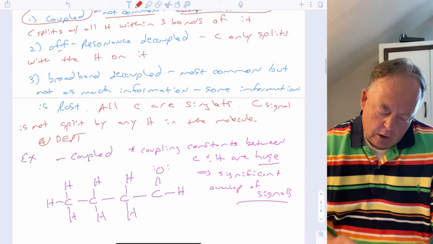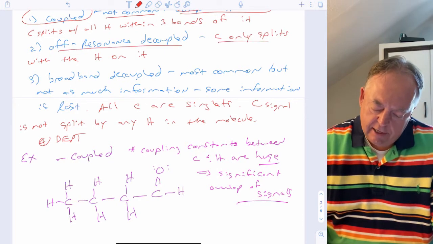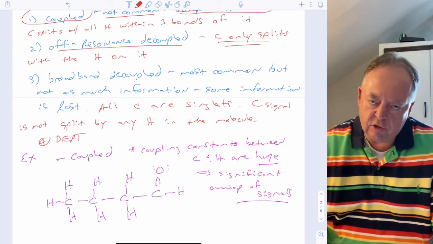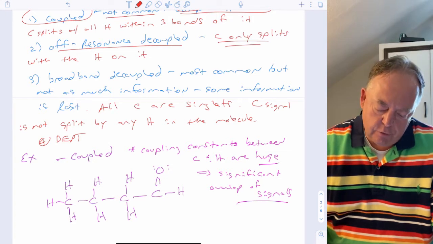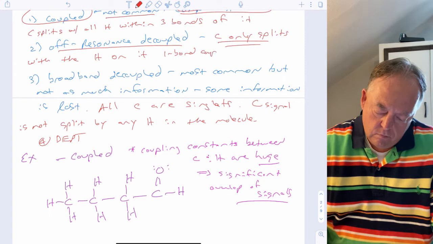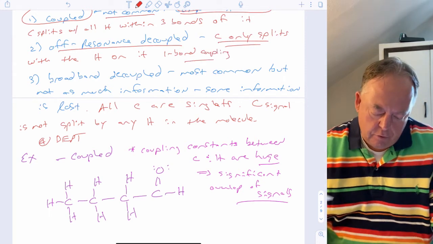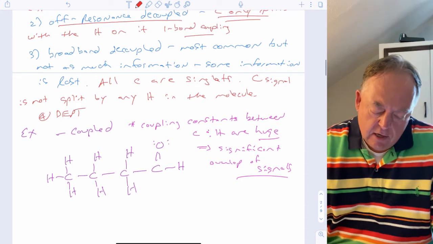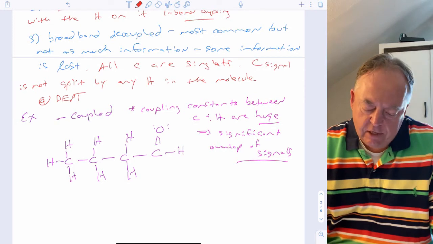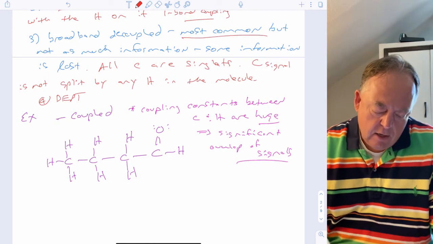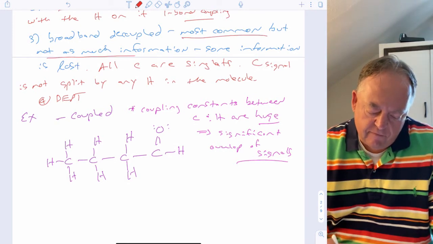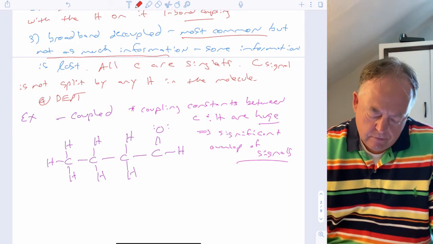Or you could do what's called off-resonance decoupled. In this case, carbon only sees the hydrogens directly attached to it, so you get what's called 1-bond coupling. I'll go through this in just a minute to make sure it makes sense. Or you can do what's called broadband decoupled. That's the most common, but you lose some information, as we'll see.